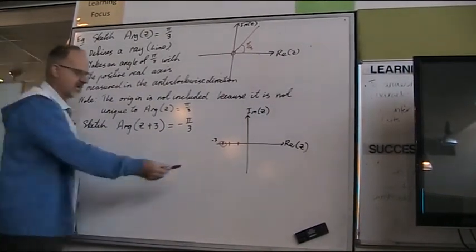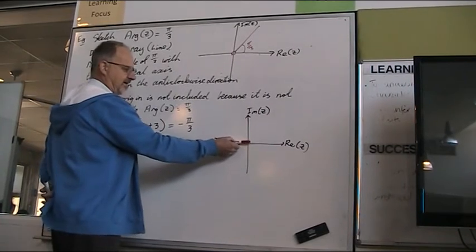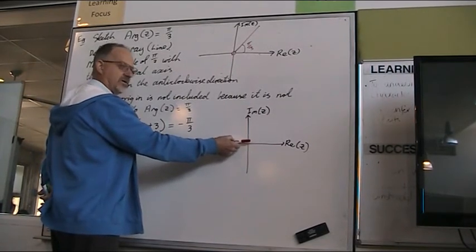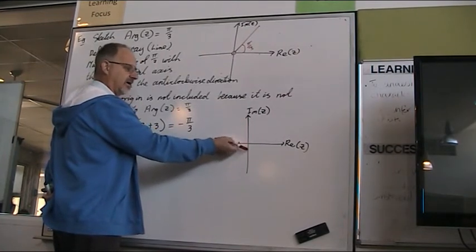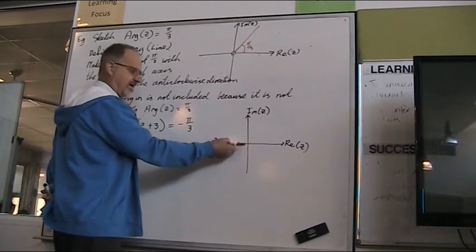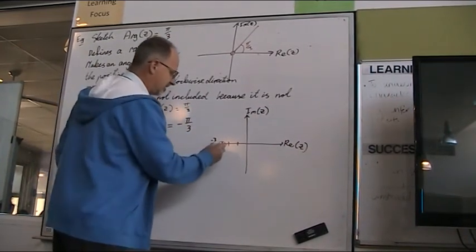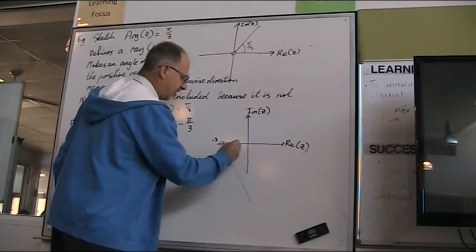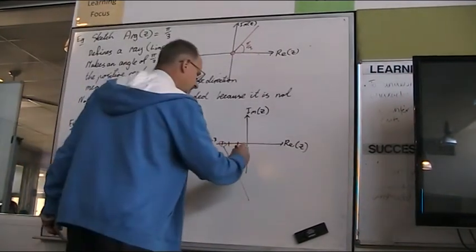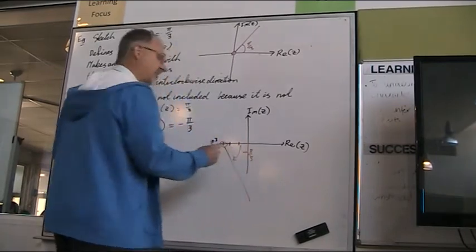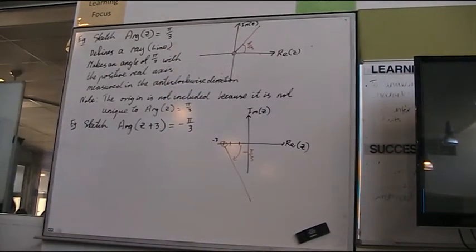So if we're standing here at negative 3, facing all the way to the positive real, and negative pi on 3, I need to turn down, clockwise. So from here, that angle there is negative pi on 3. This is an interesting one.